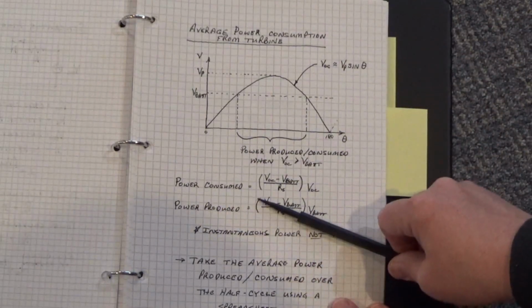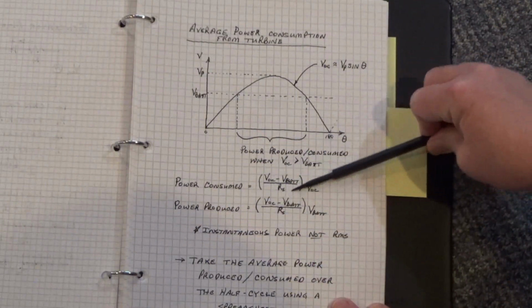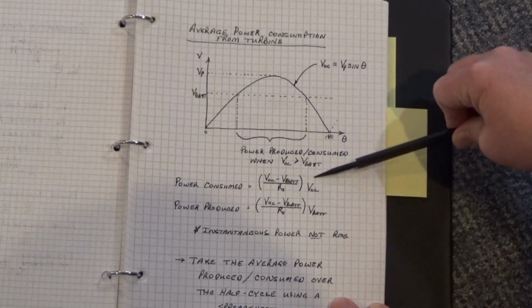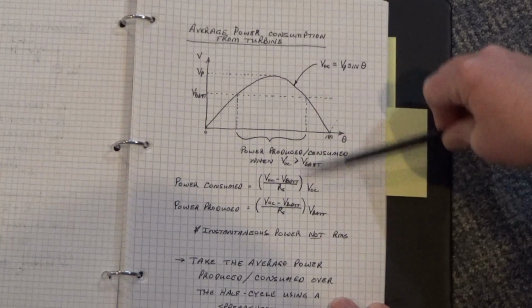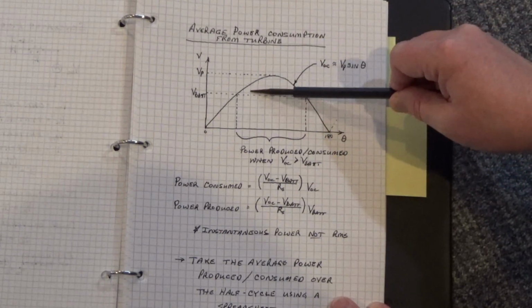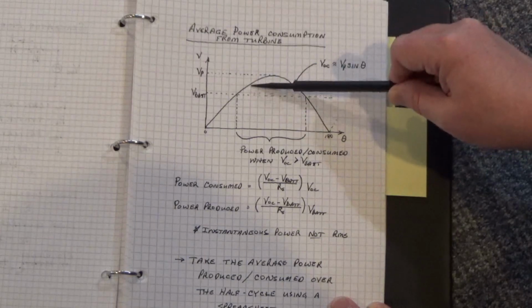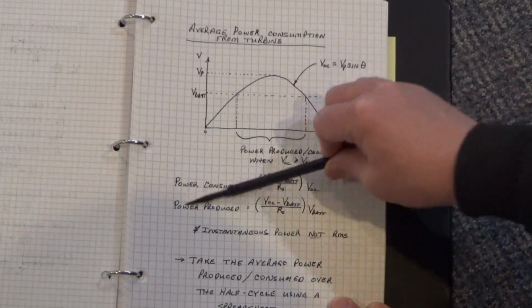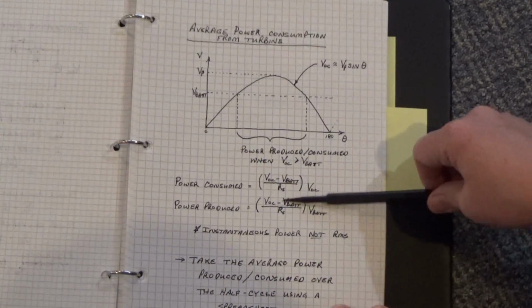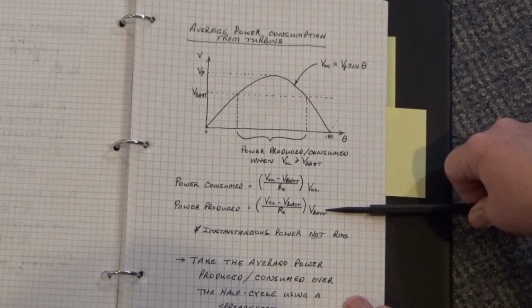So the power consumed from the turbine is the current. Again, it's open circuit voltage minus battery over stator resistance times the open circuit voltage. So at any point you can look at the difference in the voltage, find the current, and then multiply by that voltage. Power produced or delivered to the battery, that same current times the battery voltage.